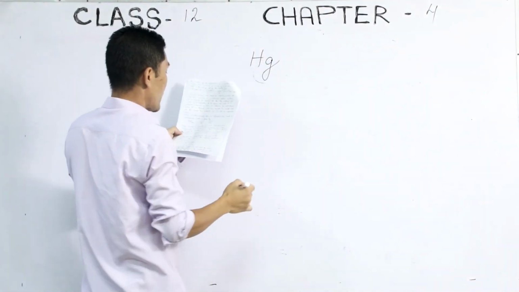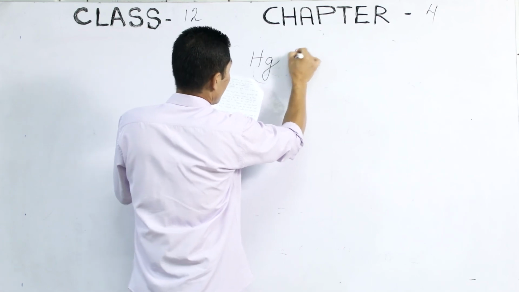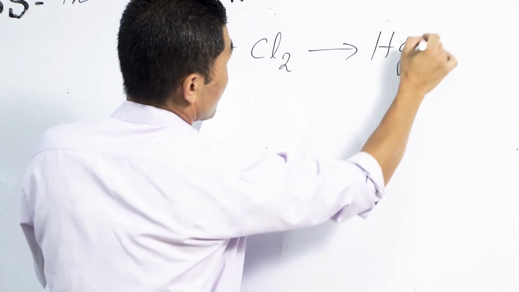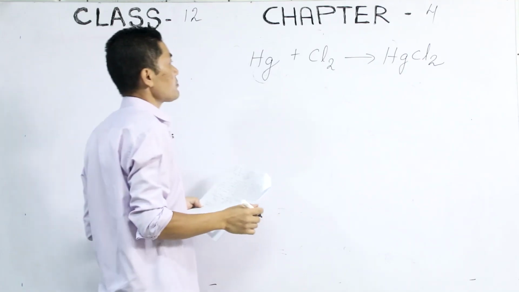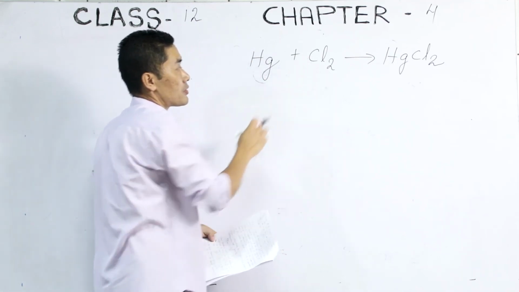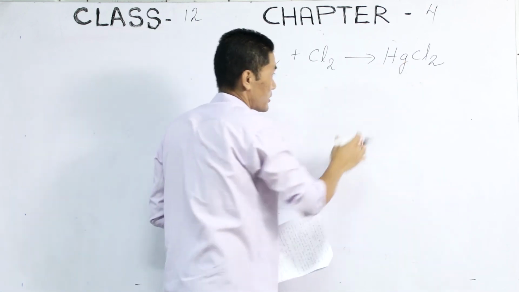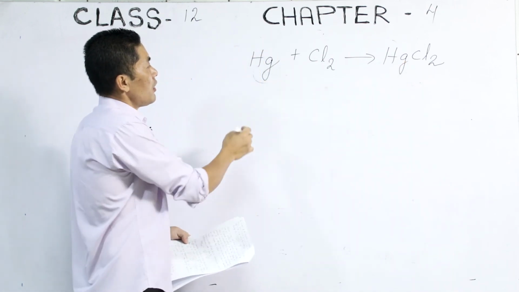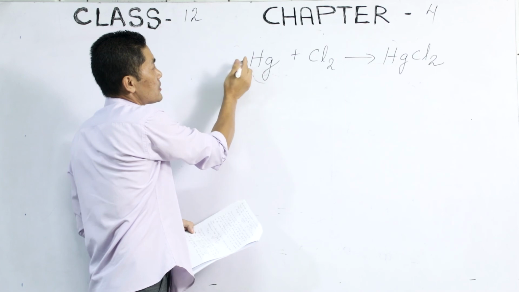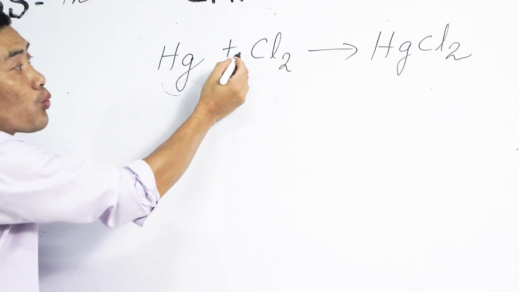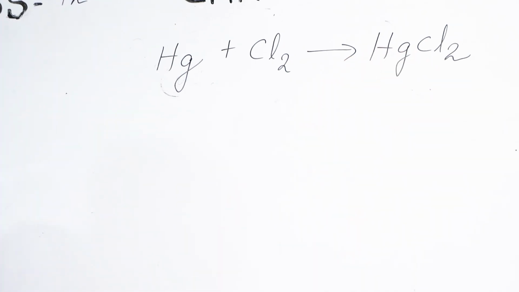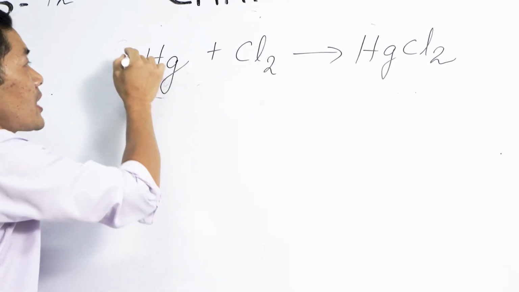If we have a reaction in which mercury reacts with chlorine gas to give mercury chloride. In this reaction, 1 mole of mercury combines with 1 mole of chlorine, and 1 mole of this product is formed. So the stoichiometric coefficients are the same, 1 each.